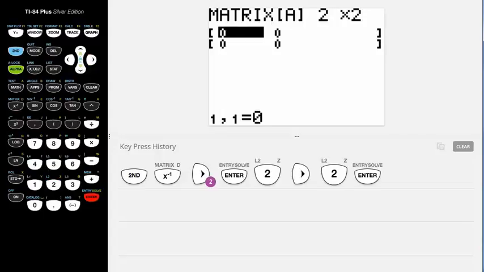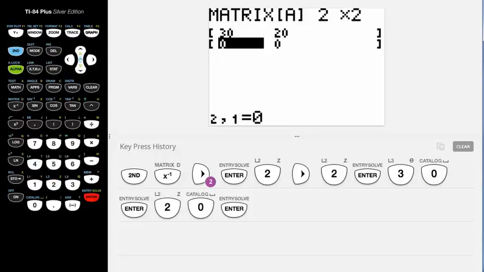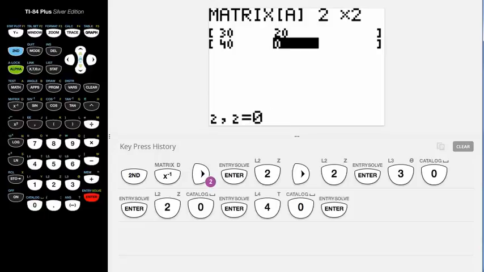For my first value, I'm going to type 30, which is lowercase a, capital A, Enter. Then lowercase a, capital B, which is 20, Enter. Lowercase b, capital A, which is 40, Enter. And lowercase b, capital B, which is 10, Enter. So I have my observed frequencies in matrix A.